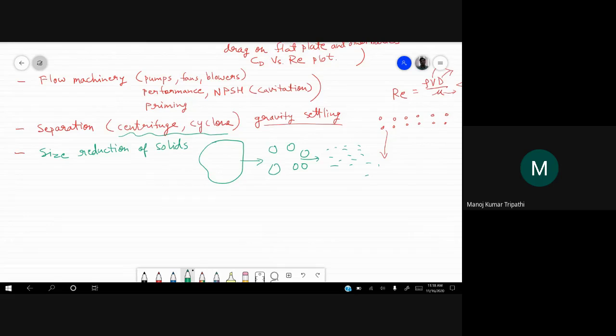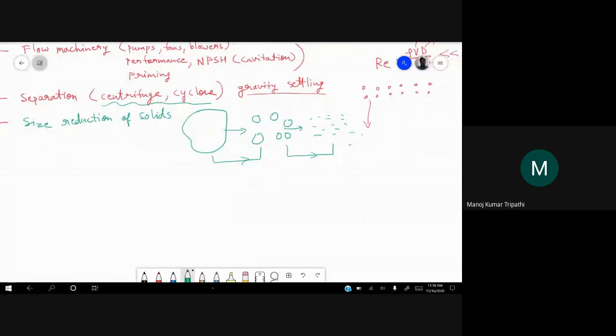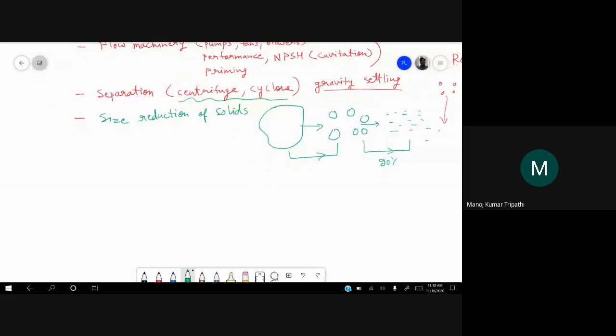Okay, so as you'll see, this process doesn't require that much energy as this process. This requires about 90% of the energy in the entire process. Okay, we'll discuss that a little bit.